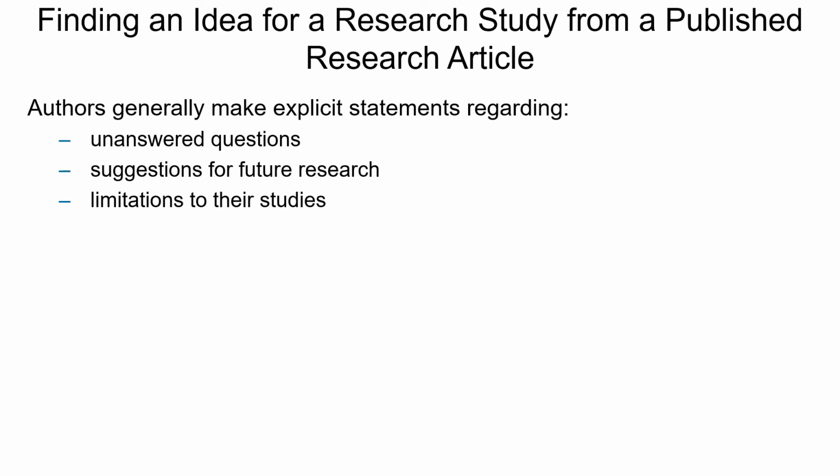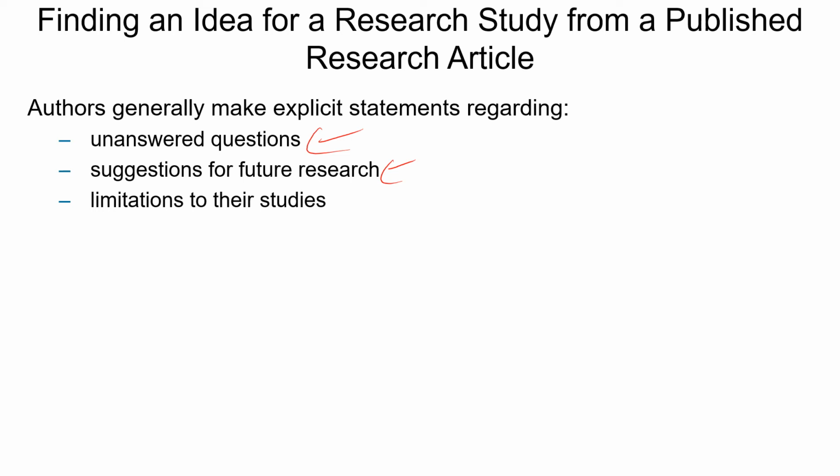So what researchers will do is at the end of their discussion, at the end of their paper, they will put a section with unanswered questions, with suggestions for future research. They're not suggesting future research because that's what they're going to do. They're suggesting future research because that's what they want someone else to do. They want someone else to take that up and do that research.